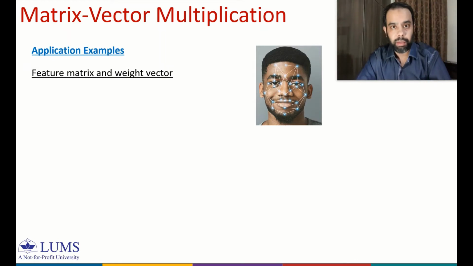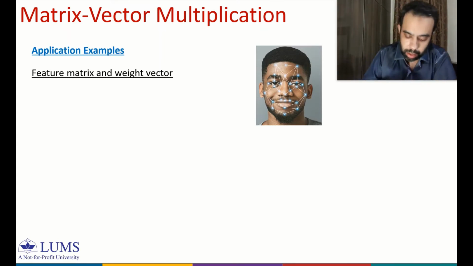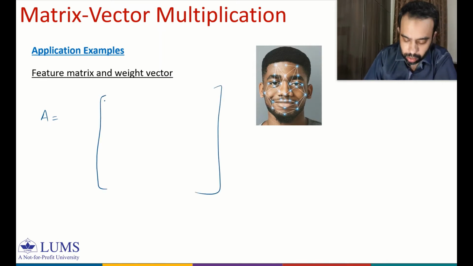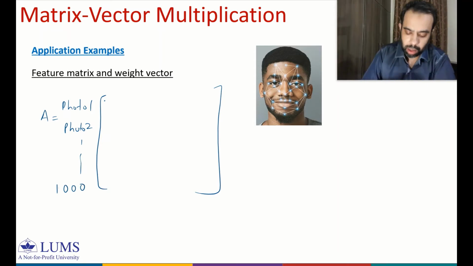Say you have hundreds of photos, and for each photo you compute the features. Say you have a matrix A in which along rows you have data for photo 1, photo 2, and so on and so forth, and say you have 1000 images, and for each image you compute 70 features. So along columns you have the features.